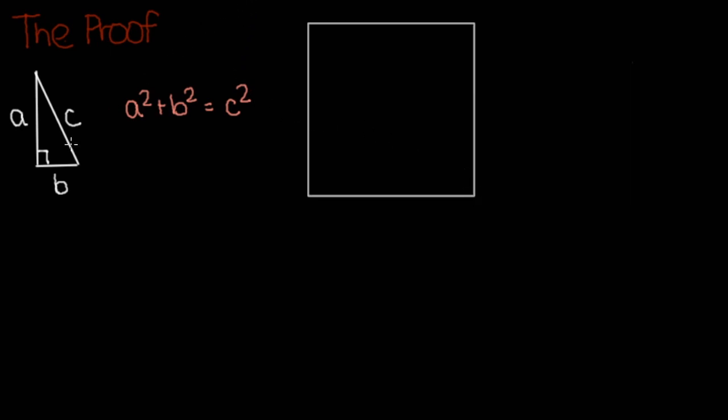So here's our square, and this square's side length is A plus B. Now, let's break up each of the sides of the square into their individual portions. That is the portion that is A and the portion that is B. And we can do this by drawing ourselves tick marks B distance away from the corners of the square.